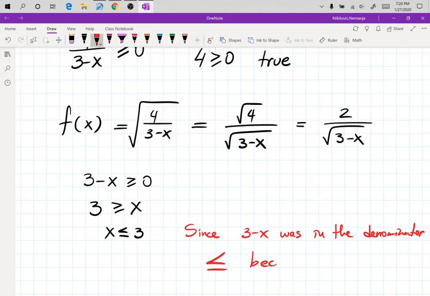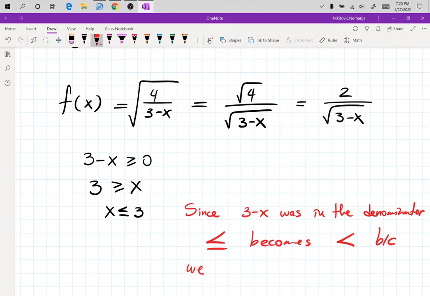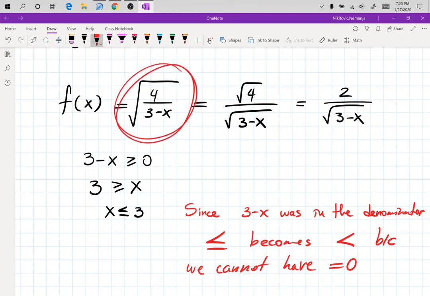this becomes this because we cannot have equal to 0. I hope that makes sense, right? 3 minus x was in the denominator. Do we all see it in the denominator?